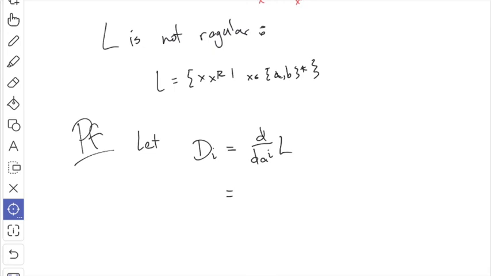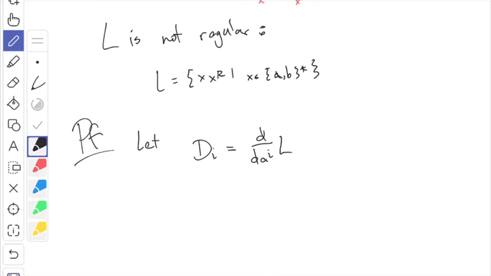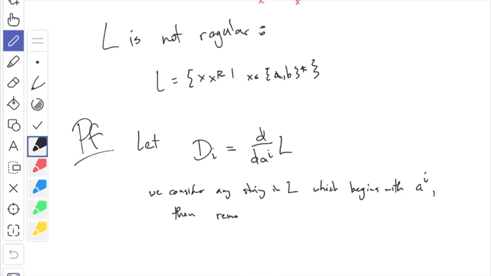So this set, I don't think I'm ready for this equal sign yet, but I'm just going to say we consider any string in L which begins with A to the I, and then remove that A to the I from it, right?